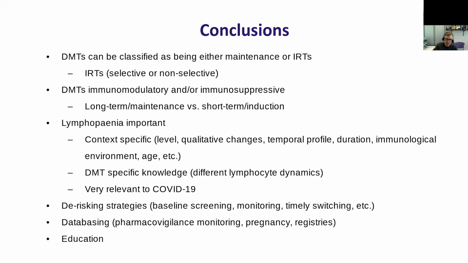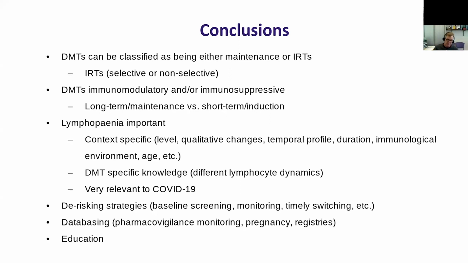We need to put them into our UK MS registry database. There's the patient one and there's the clinician one, so we can learn from our own experiences. And then education is the motto. I think we learn as more data comes in.